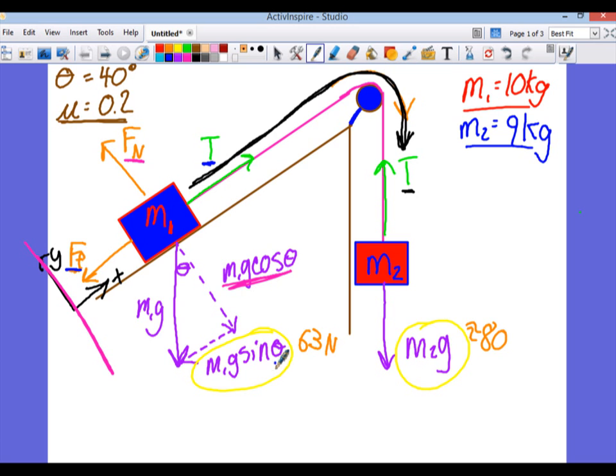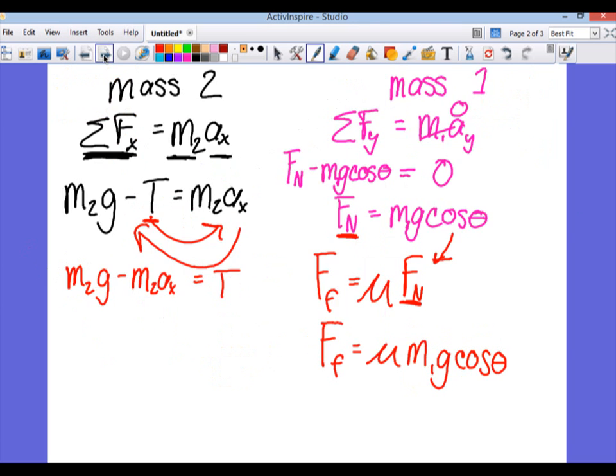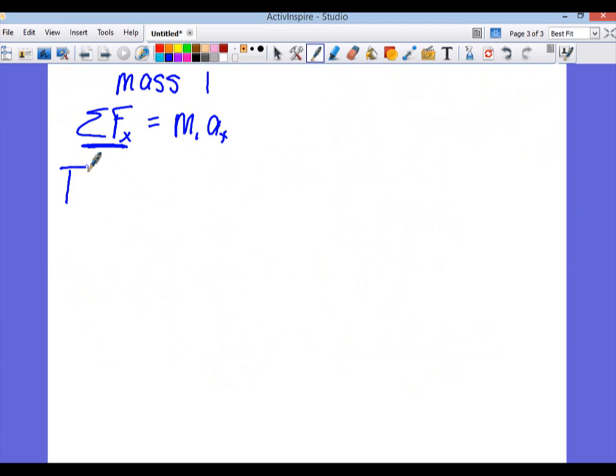And the last one, I have m1g sine theta, and that fights us as well. That points back down the ramp. This block wants to go down the ramp. So let's get to it. I have tension minus the force of friction minus m1g sine theta equals m1ax.